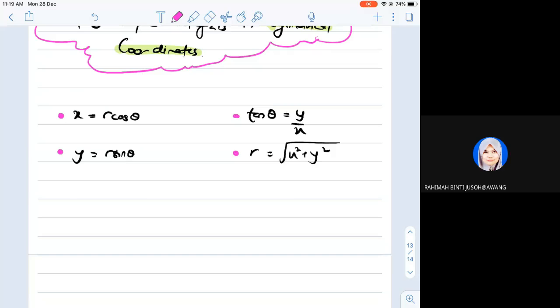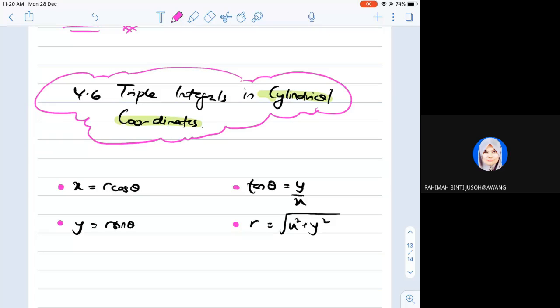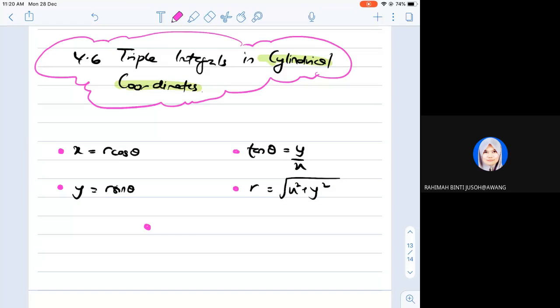If previously in polar coordinates we just have the xy plane, isn't it? We just have a 2D graph, the xy plane. But in cylindrical coordinates, because we are dealing with triple integrals, our region should be 3D, which means we will have the height. So in triple integrals, we will have z equal to z. It's just the same in cylindrical and the previous triple integrals.